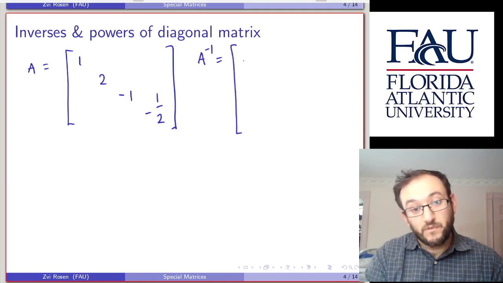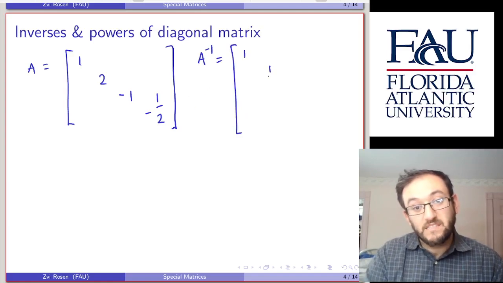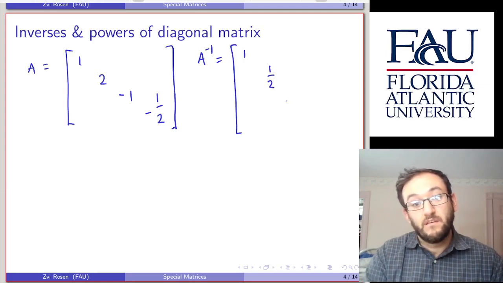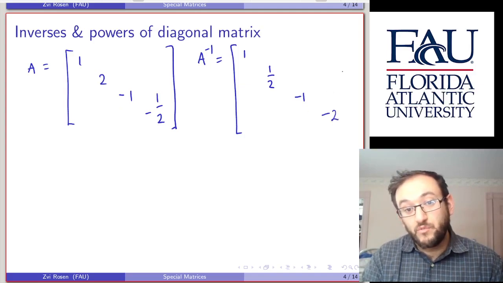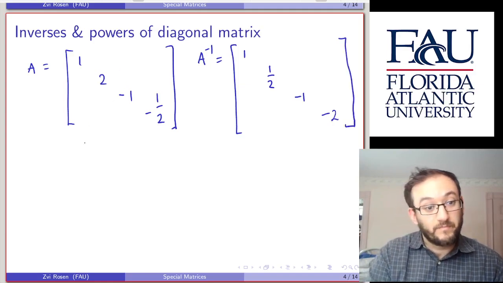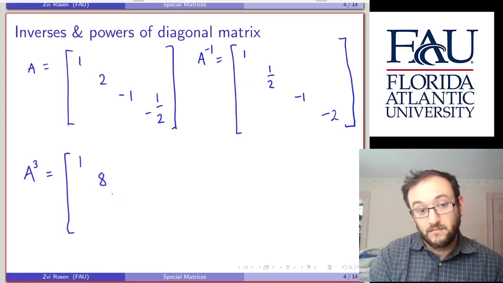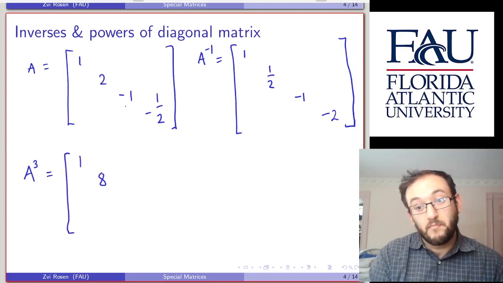This is going to be equal to 1 in the first entry, because that's the multiplicative inverse of 1, positive 1/2 in the second entry, minus 1 in the third entry, because minus 1 times minus 1 is 1, and minus 2 in the final entry, because that multiplies with minus 1/2 to give you 1. How about A cubed? This is going to be 1, 8, because that's 2 cubed. Minus 1 cubed is minus 1, so that's there as well. Then minus 1 over 2 cubed is minus 1 over 8.